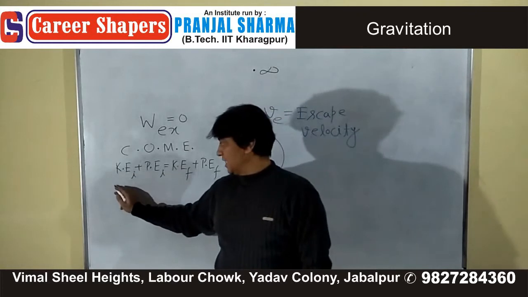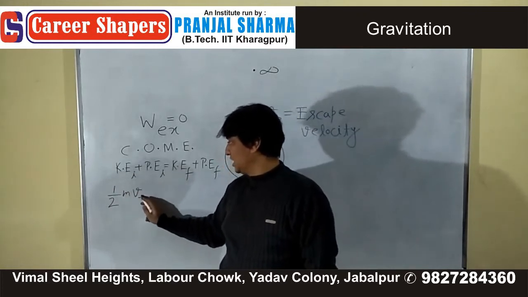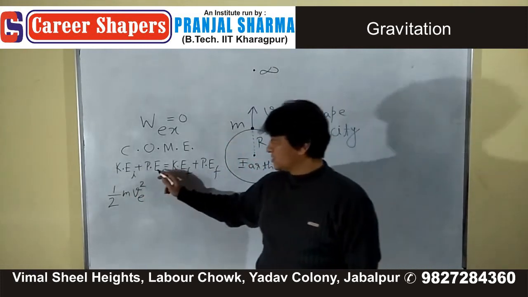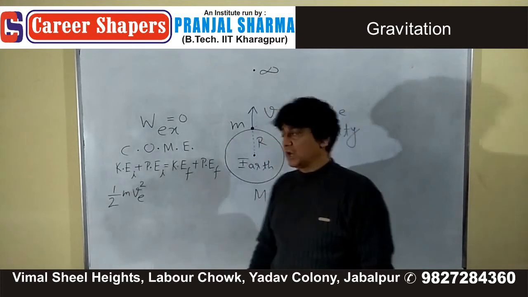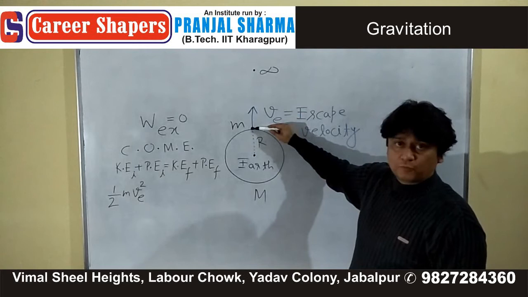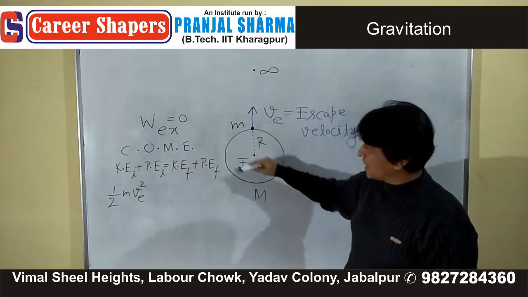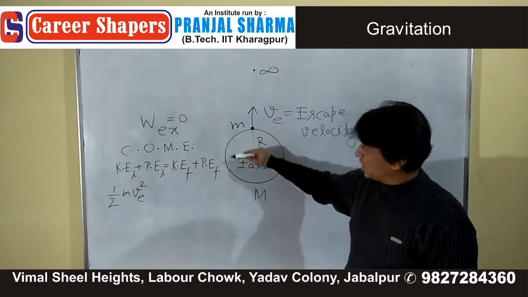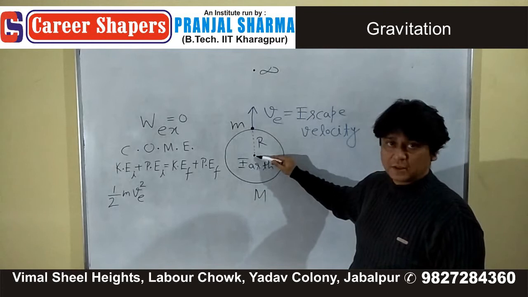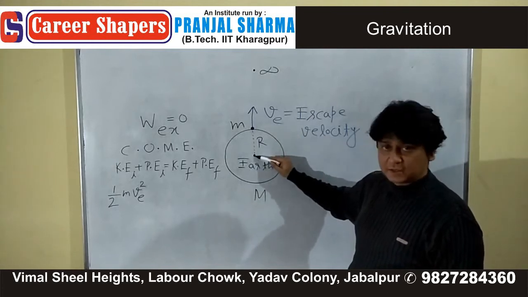What is the initial kinetic energy? Half m v_e square. What is the gravitational potential energy? If you're outside of a solid sphere, then the total mass of the solid sphere is considered at the center, which means for this problem, Earth is at the center.